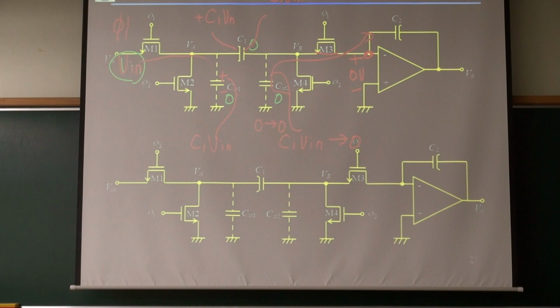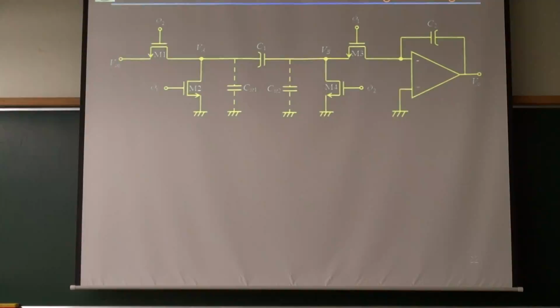Yeah, it will be charged to some non-zero value, Vin T. However, this charge flow comes through here. It doesn't contribute to C2. So the charge flowing into C2 is independent of both stray capacitances. Okay? So that's why it is stray insensitive. Question? Nope.